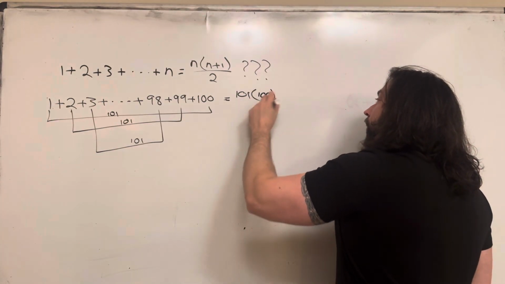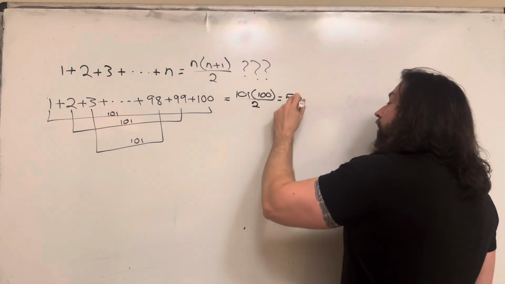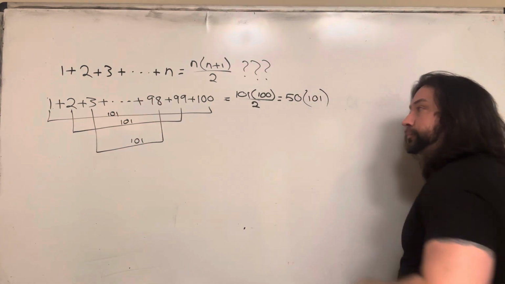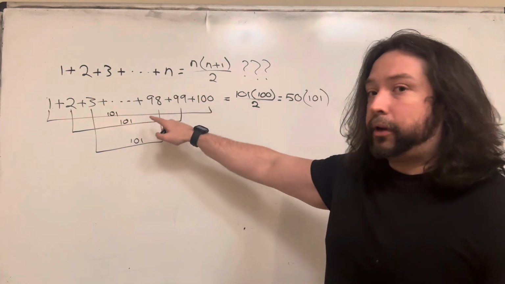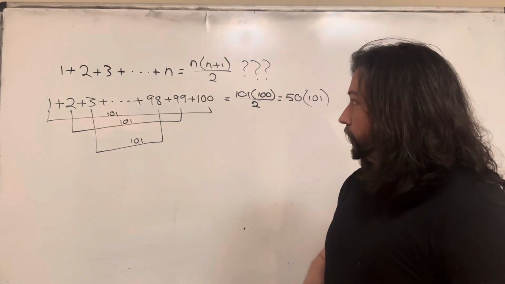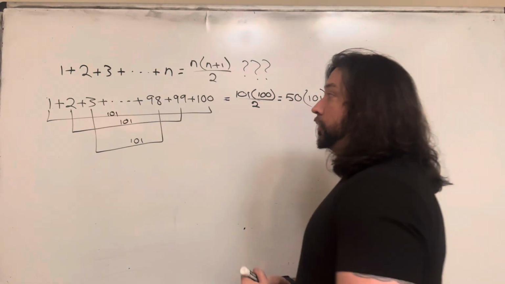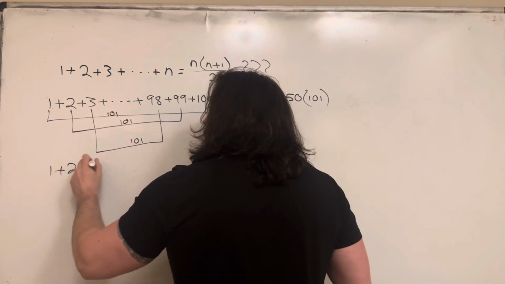In this case, it's 100. And so this is just 50 times 101. And so now I've got a way to do this very, very fast by just using a little bit of logic.